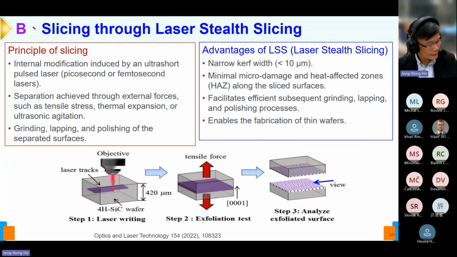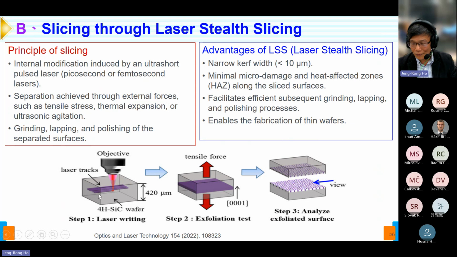And the second topic I'm going to show is laser stealth slicing. The principle of laser slicing: firstly, we focus the laser beam, the focal plane, inside the silicon wafer. Usually the laser has to be a picosecond or femtosecond laser.